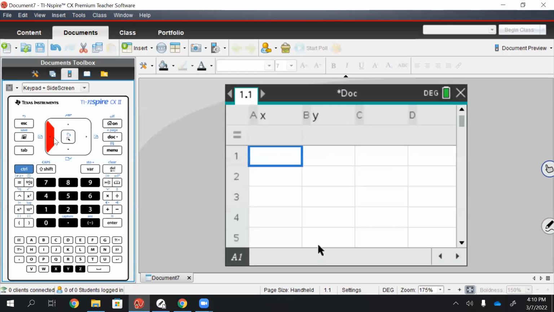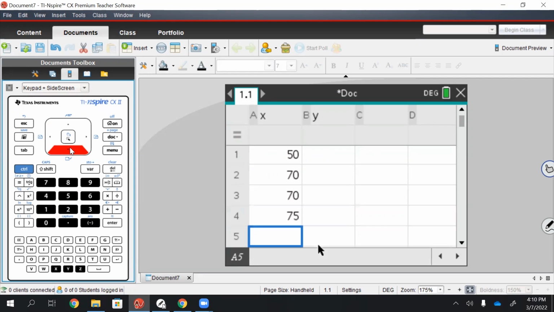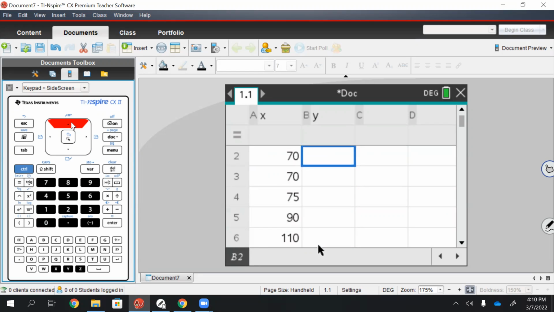So attempts, that was our X. So we have 50. And then our next one was 70. And then we had another 70. And then we had a 75 and a 90 and 110 and then 170. And then now I'm going to put in the ones made.